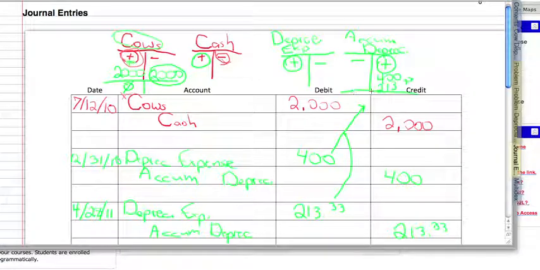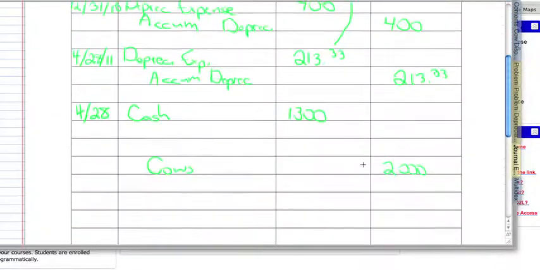Why do we have to get rid of this? Well, we got rid of the cow. The cow is now 0, so the corresponding accumulated depreciation has to be 0 as well. Well, how do we make it 0? We debit it, 613.33. So I'm going to debit accumulated depreciation 613.33.